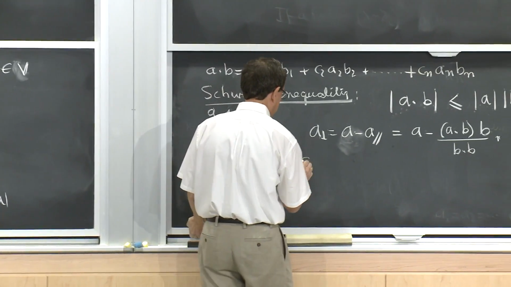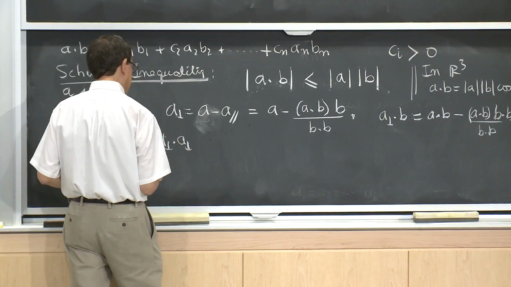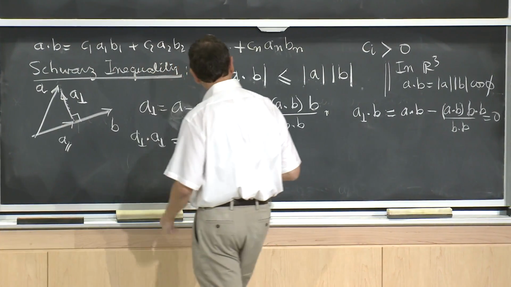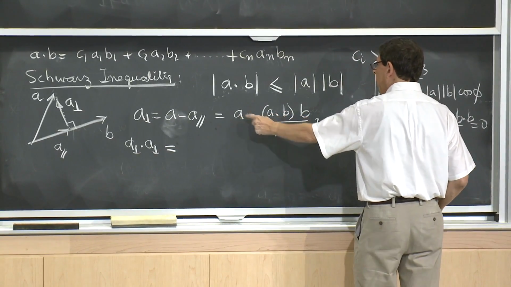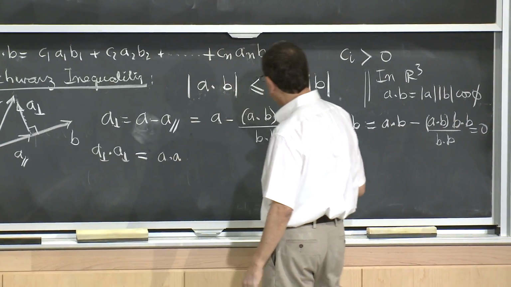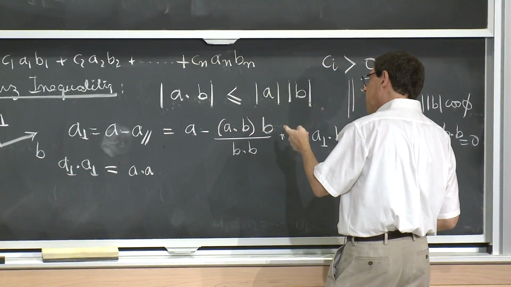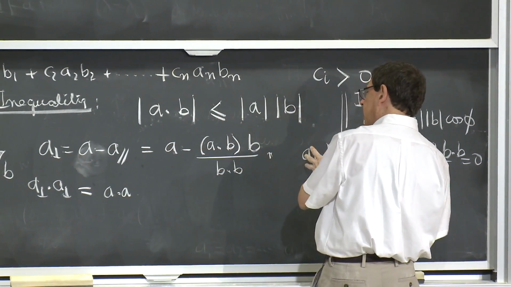So A perp dot with A perp must be positive. So how much is it? Well, you would have A with A. Now you would have the double product because the order doesn't matter. So imagine two factors like this.